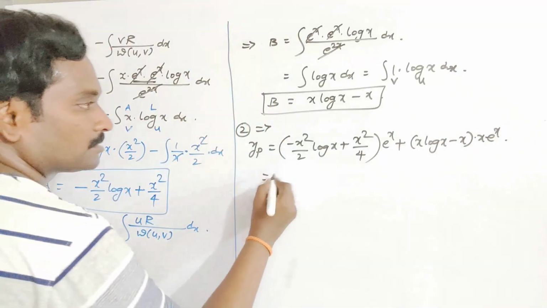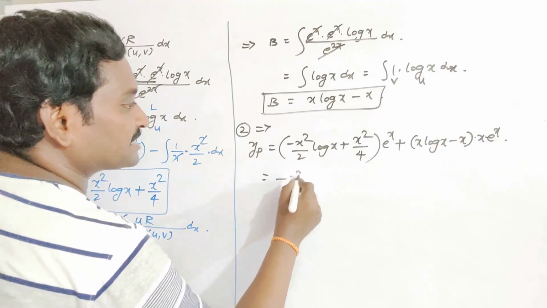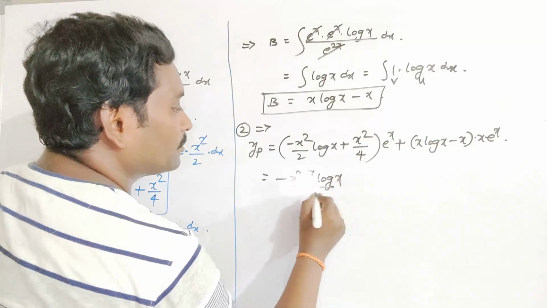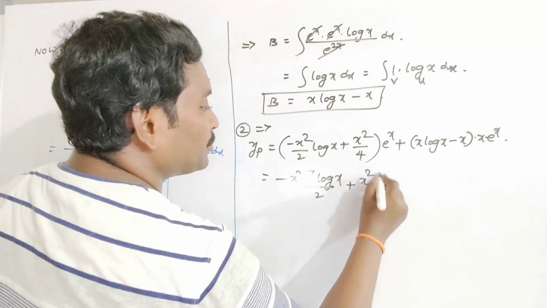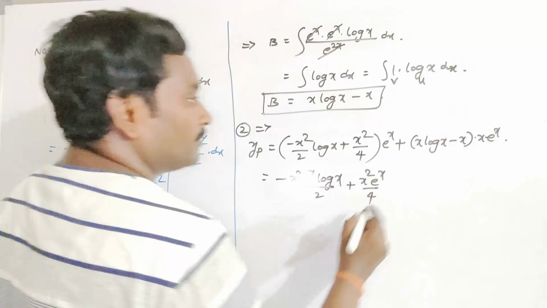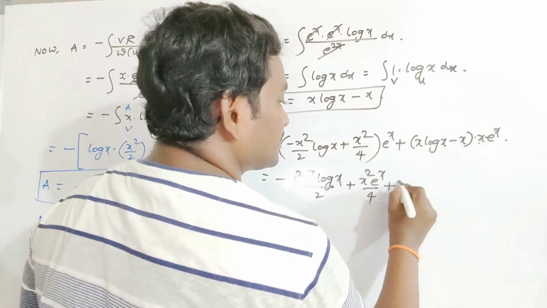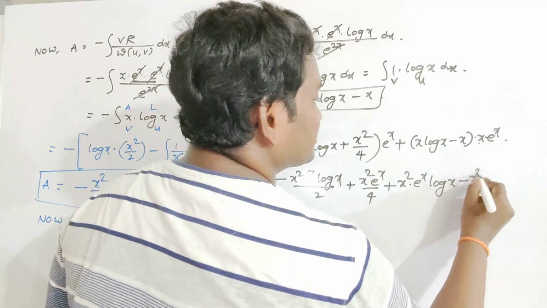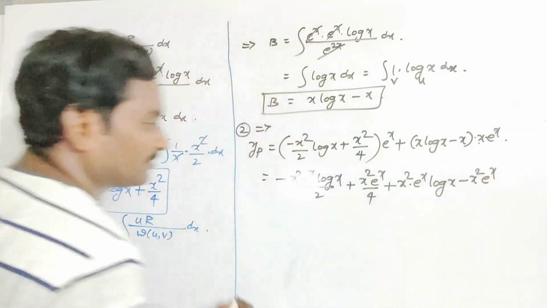So separate the terms, you will get minus x square e power x log x by 2, plus x square e power x by 4, plus x square e power x log x minus x square e power x. That's enough.